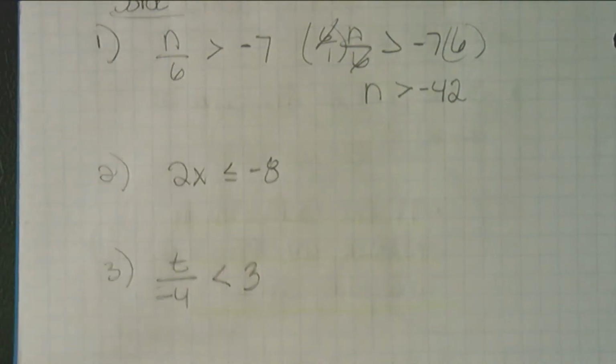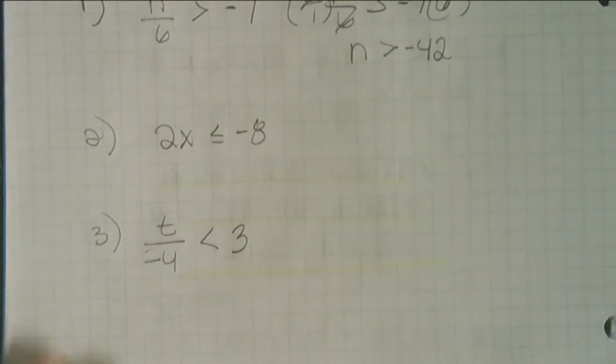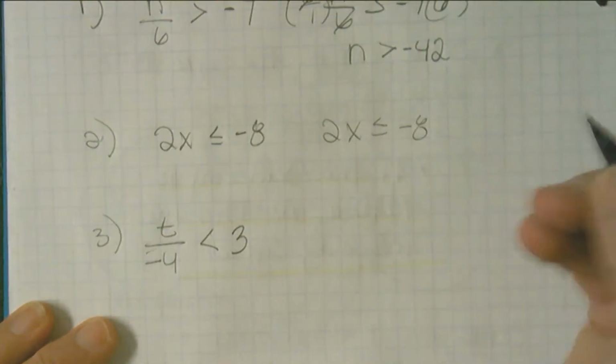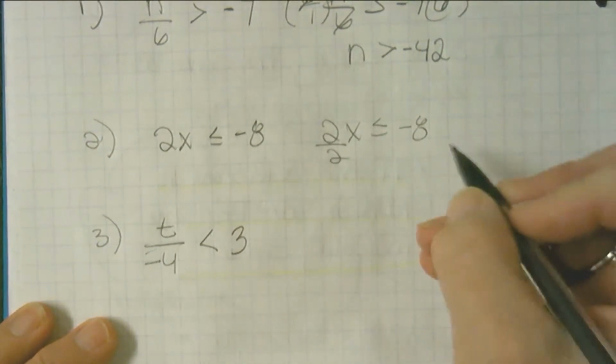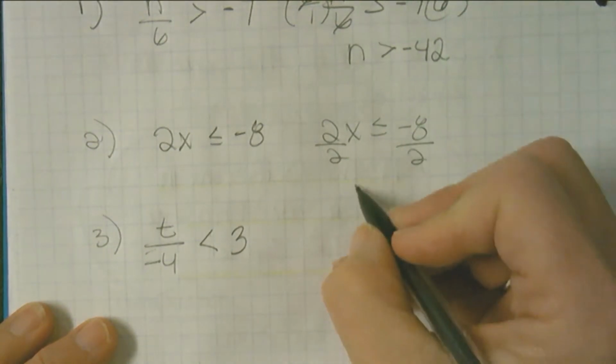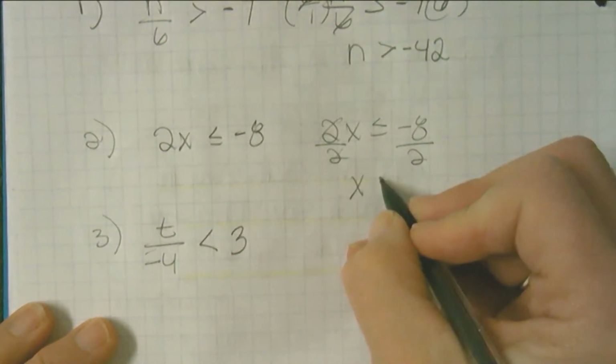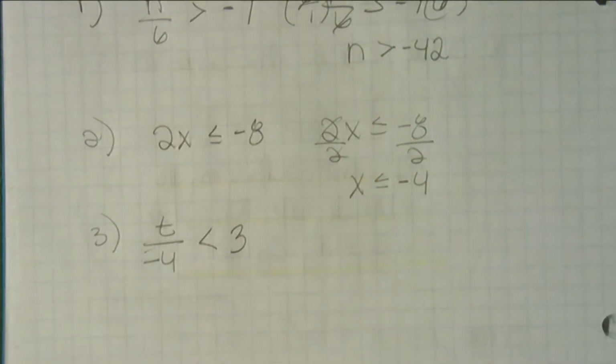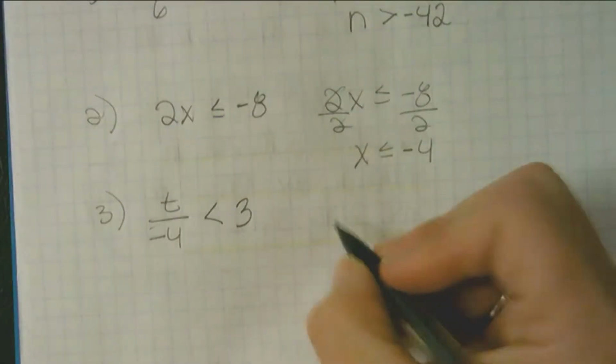Excellent. Someone do the second one for me. Addison? Excellent. Awesome. Did you have to flip the inequality? Why? Because the coefficient's not negative. Excellent. How about that last one?